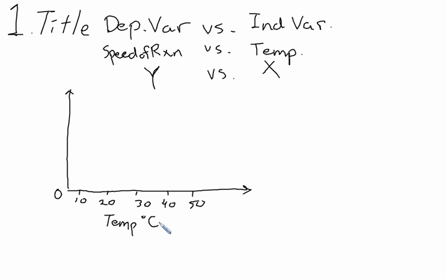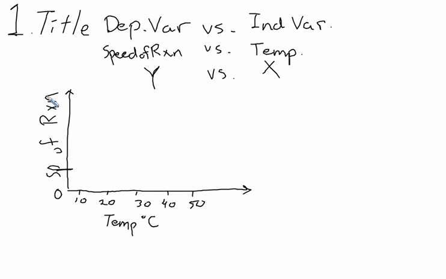If you create a label or a title for your axes, units are extremely important. So now let's create the title up here. This is going to be the speed of reaction.